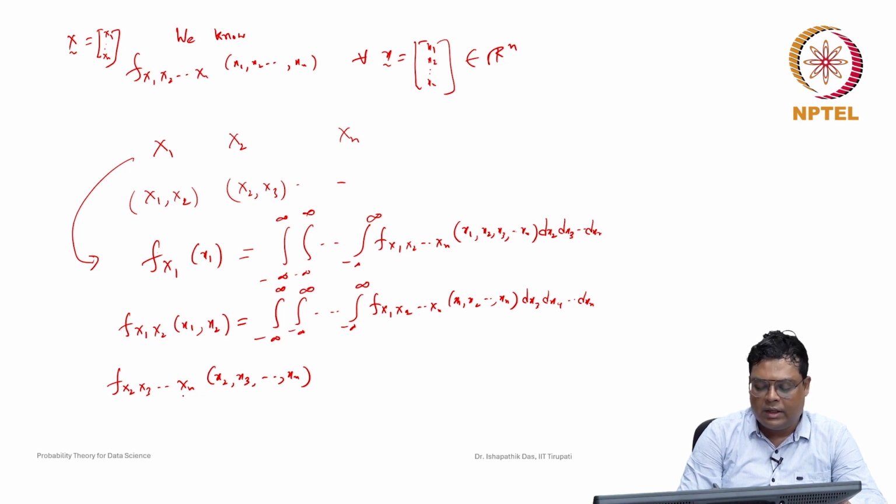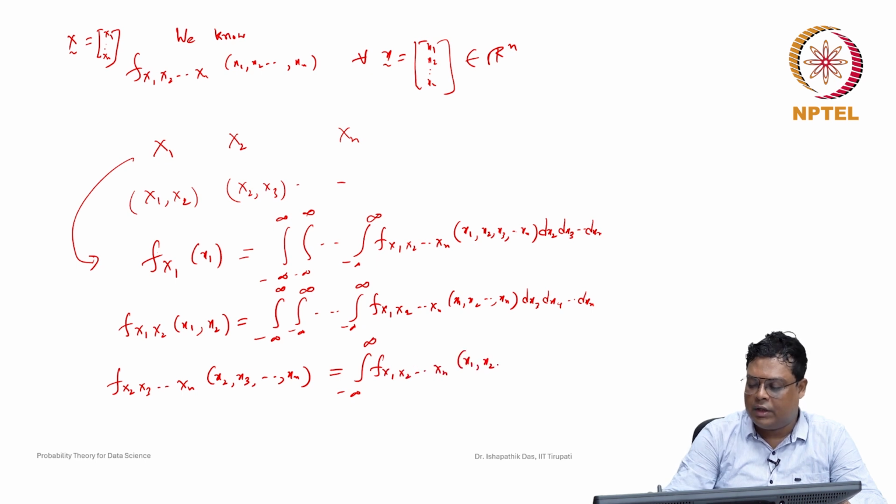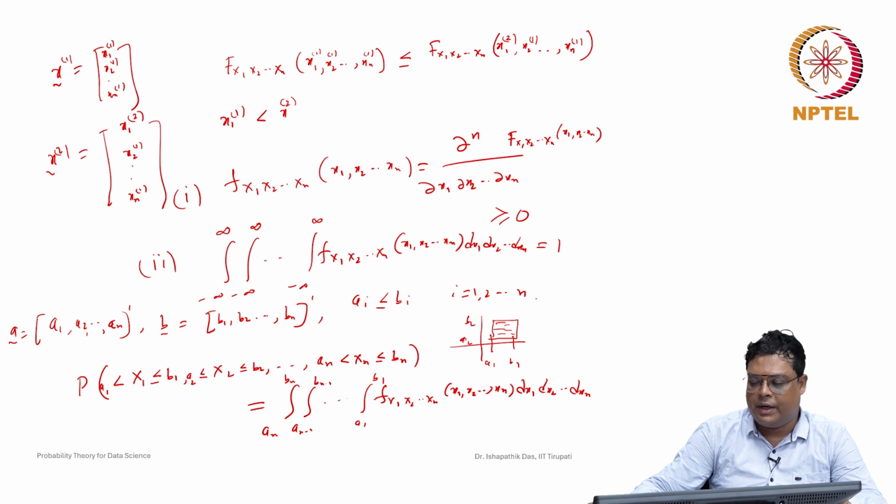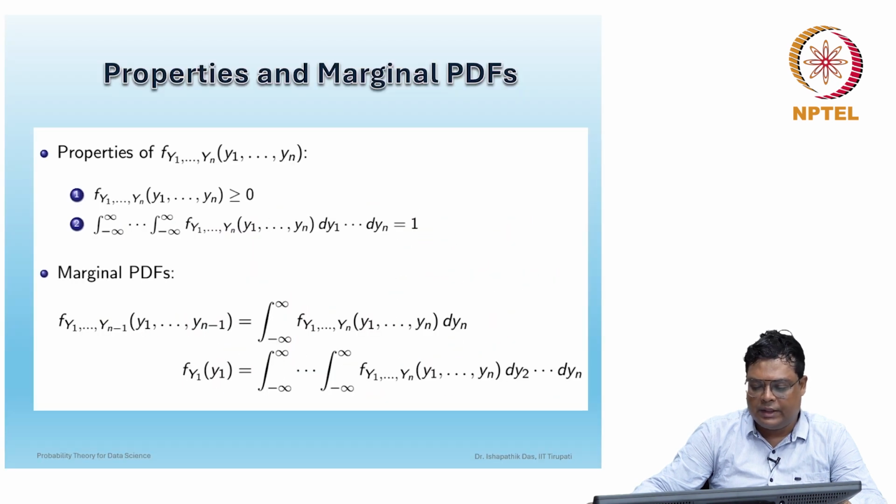This is the concept. I hope you have understood how to find the marginal probability density function if you know the joint probability density function. It is discussed here.